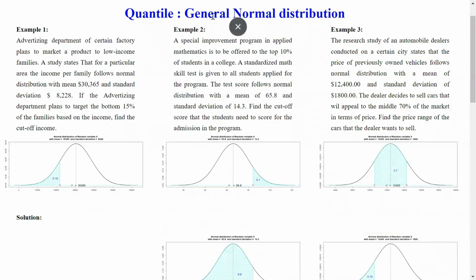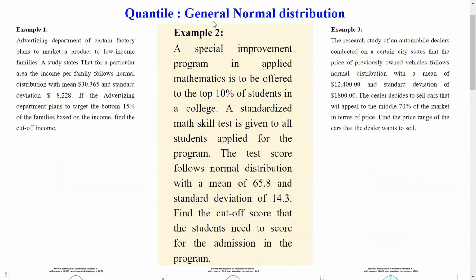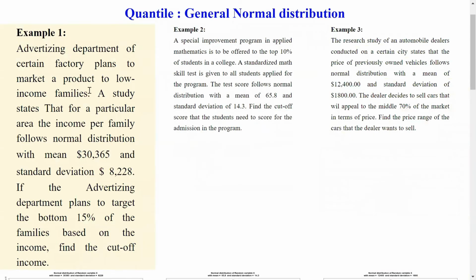Now let's discuss quantiles of the general normal distribution that we come across in our day-to-day activities. Consider these three examples. First, income per family follows a normal distribution with a mean of $30,365 and a standard deviation of $8,220.